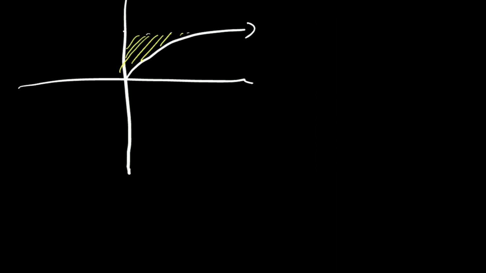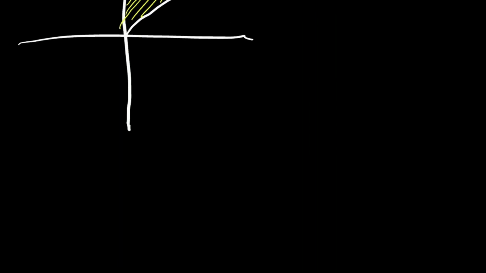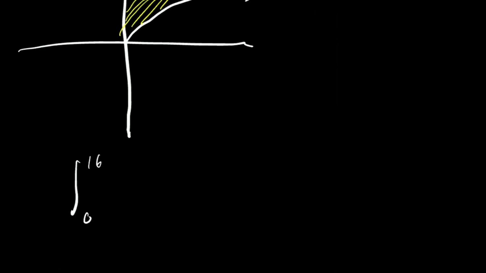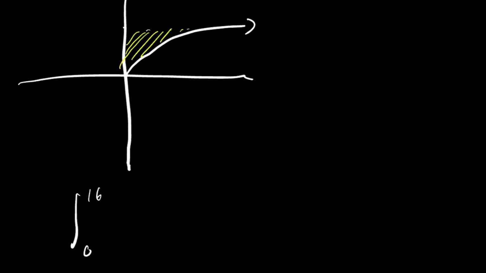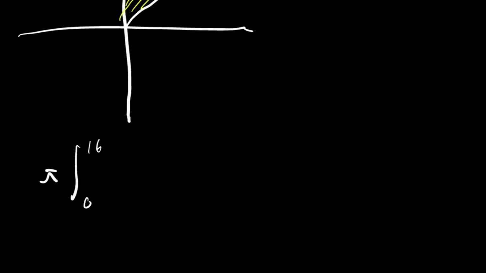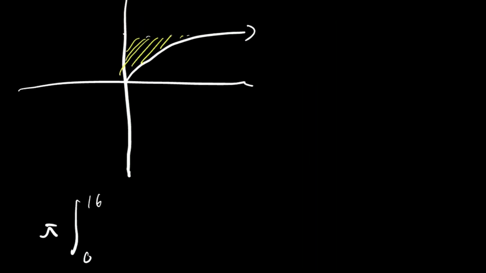So, oh boy, this is really ugly. So from 0 to 16, because y equals 4 at x equals 16, don't forget the pi, of, so we have to use the washer method.